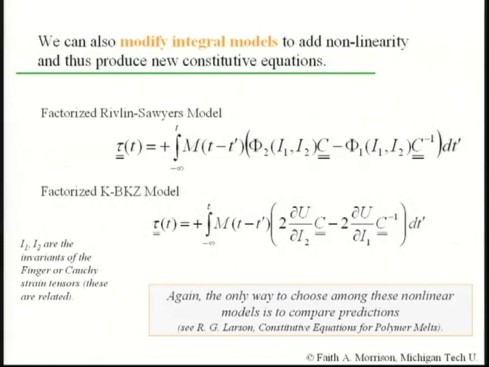And that would be the Rivlin-Sawyers model. It has pros and cons. And a similar way of combining the Cauchy tensor and the Finger tensor, but somewhat different, based on a potential function U, is called the KBKZ model, which is a model that's widely used.